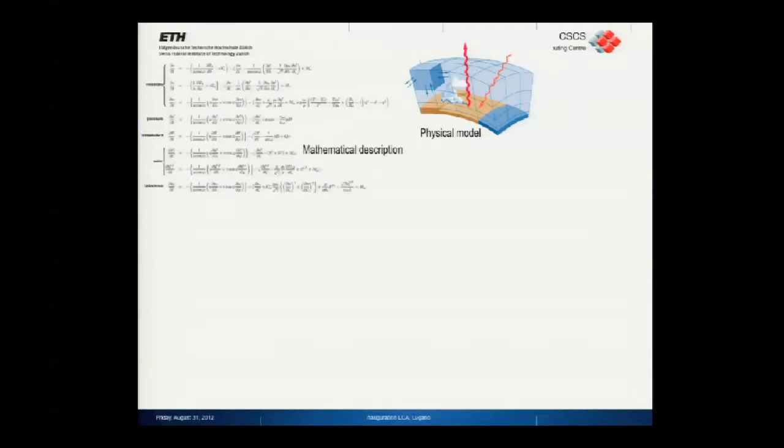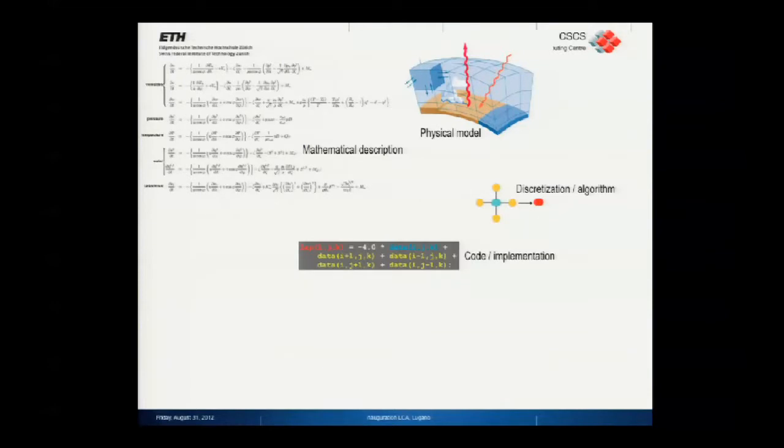It's a physical model, a mathematical description, a set of equations, in this case, Euler equations. You then need to discretize these models because computers are digital machines, and you need to create algorithms. Then you need to translate the algorithm into a code, and because it's humans who write the codes, the code needs to be readable by humans.